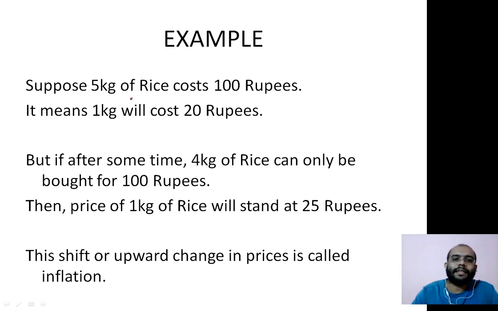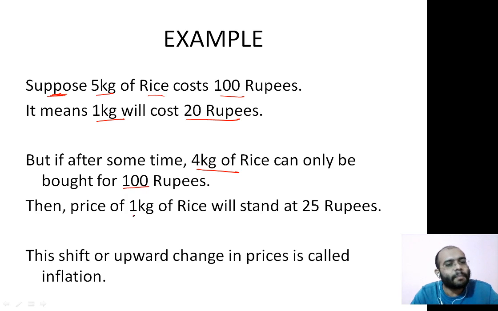Let's take a look at this example. Suppose 5 kg of rice costs 100 rupees. That means 1 kg costs 20 rupees. But after some time, 4 kg of rice costs 100 rupees. That means 1 kg of rice will cost you 25 rupees.